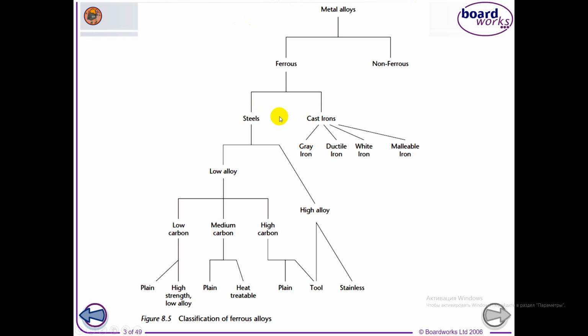The iron-iron carbide phase diagram provides the basis for understanding the chemical composition and mechanical properties of steels and cast irons.